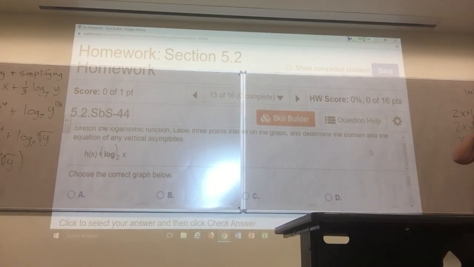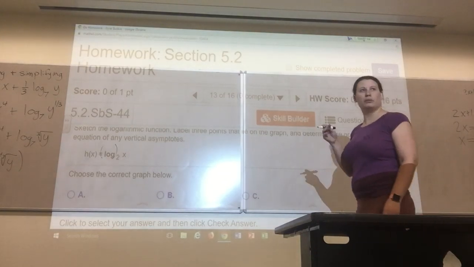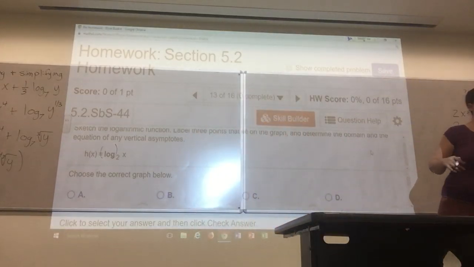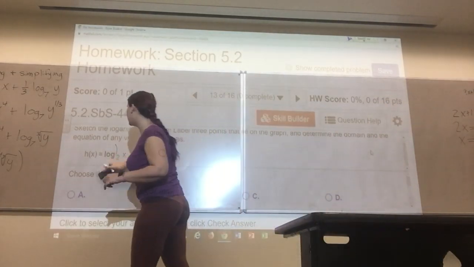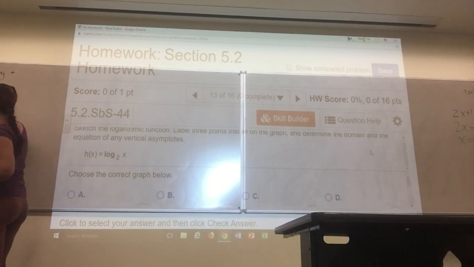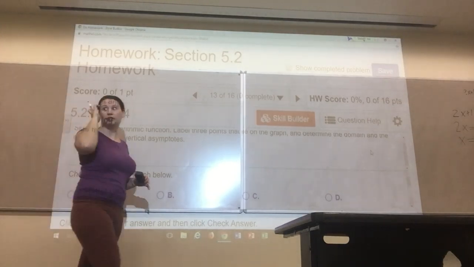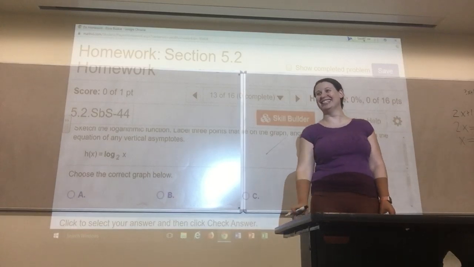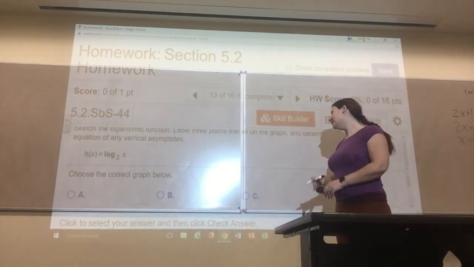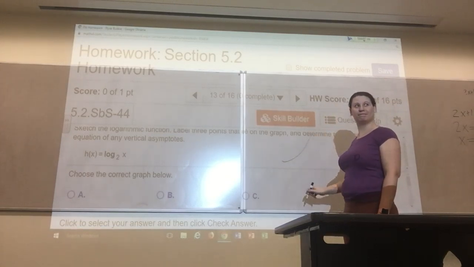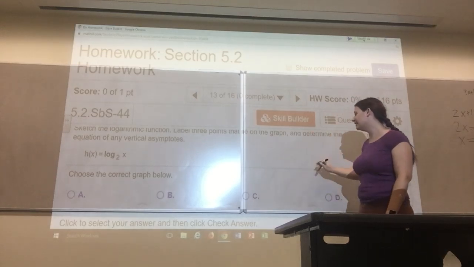So which direction does a logarithmic function go in? Do we remember? So what does an exponential function look like? Do we remember? Just a regular thing, so if I just drew that, that's an increasing curve.